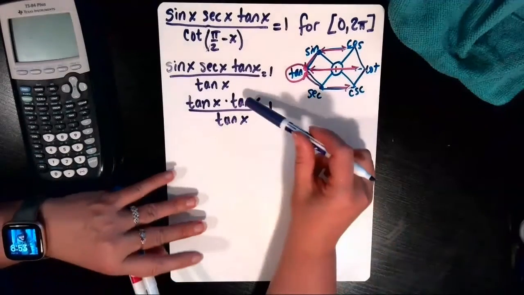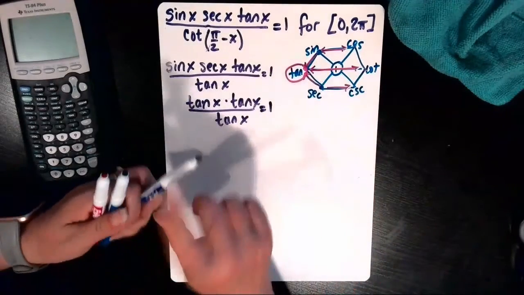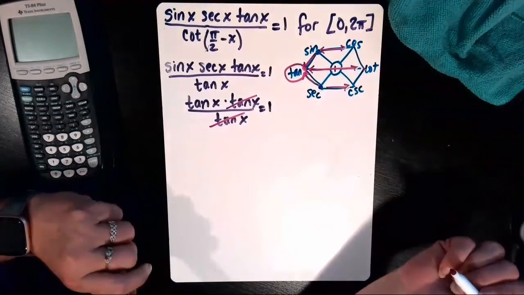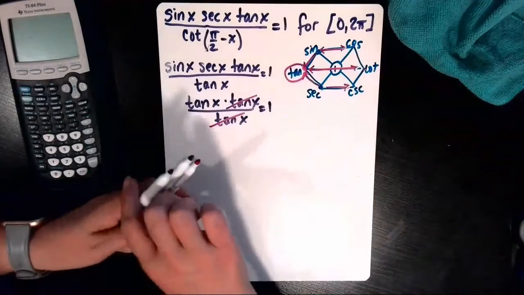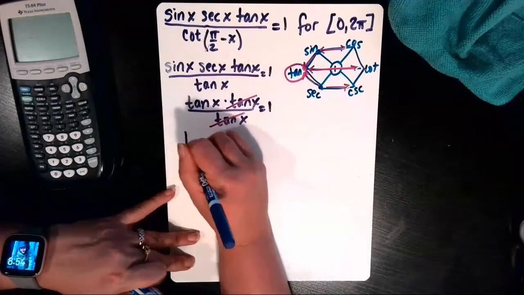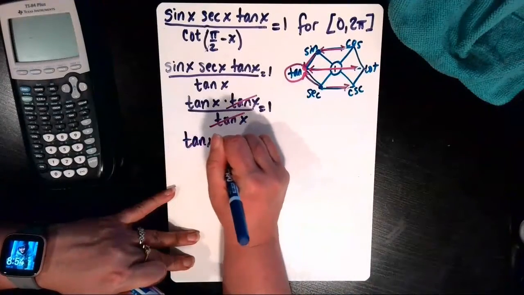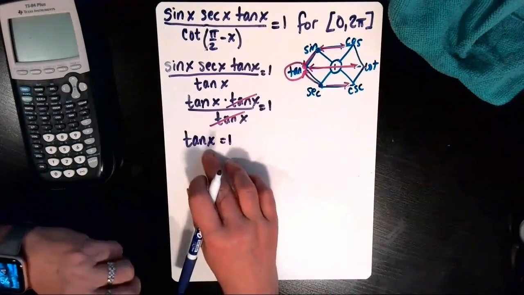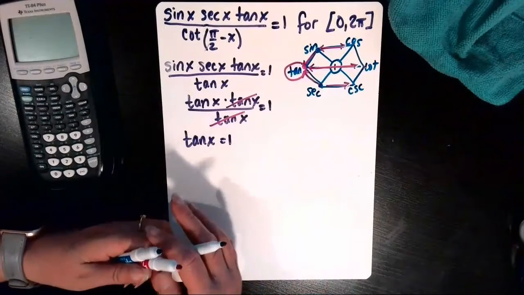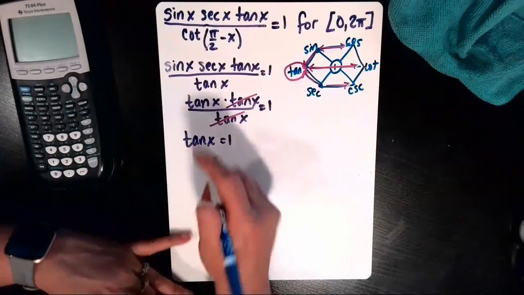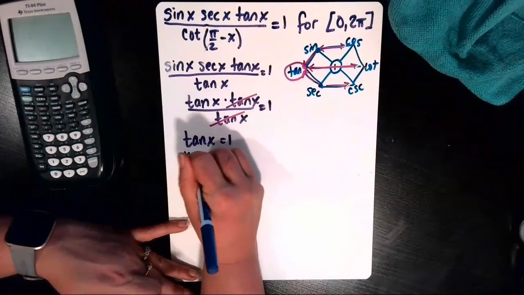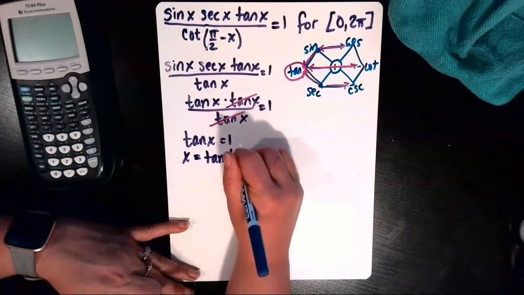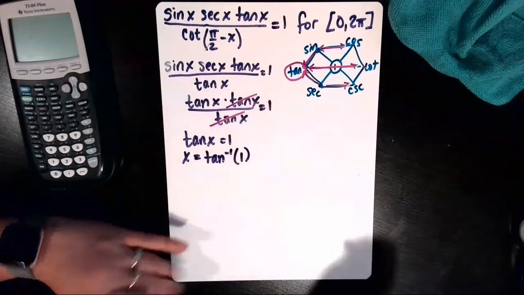So now that we have the same thing in the numerator as the denominator, those are common factors, so they can cancel. And then we'll have tangent of x is equal to 1. And to undo the tangent function, we need to do the inverse. So the value of x is equal to the arctangent, or tangent inverse, of 1.